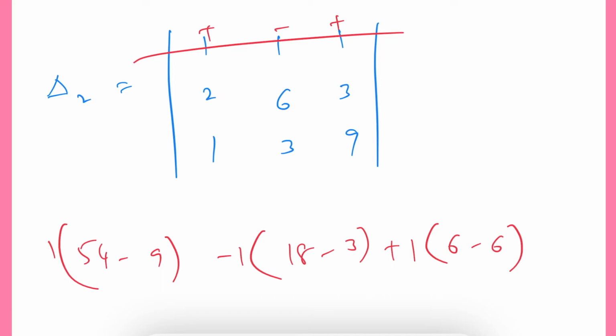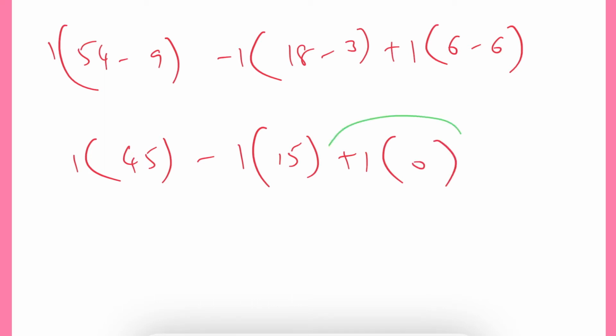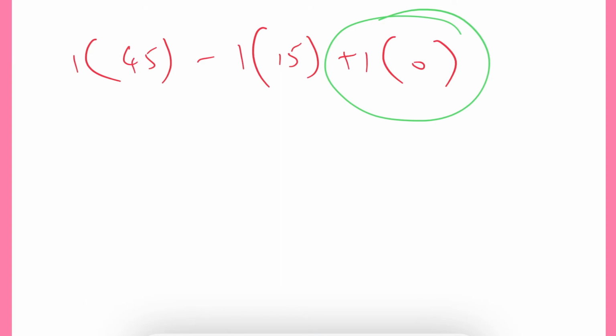Okay, let us simplify this again. 1 into (54 minus 9), it is 45, minus 1 into (18 minus 3), 15, plus 1 into (6 minus 6), 0. This is anyway 0 into 1, 0 only, so I will remove that completely. Next will be 1 into 45, 45 minus 1 into 15 is 15. So 45 minus 15, it's nothing but 30. So delta 2 value we got as 30.